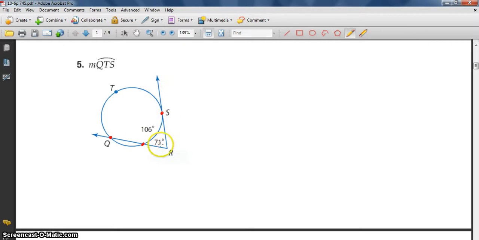Basically, think of this as a mouth and the two arcs that are inside of that mouth. So that would be this arc and this arc. Okay? So the measure of angle R is equal to half of the intercepted arcs, and we want to put the bigger one first because we're subtracting.